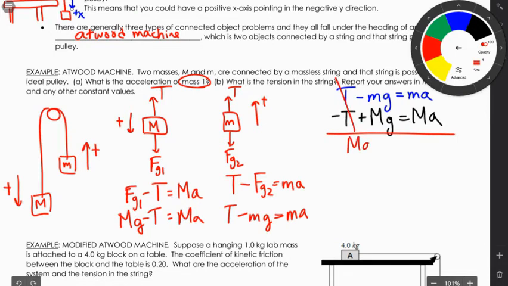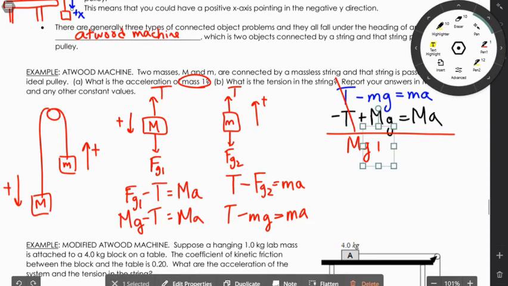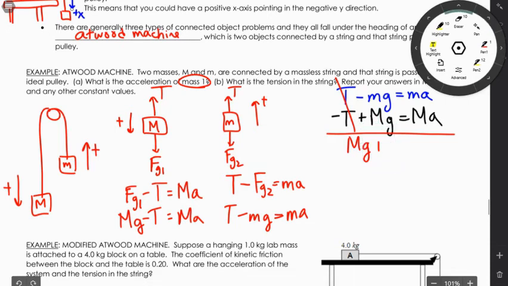So I got big M times little g minus, oh, wrong one. I want to erase, not pan. All right, so big Mg minus little mg equals big MA plus little mA, right?